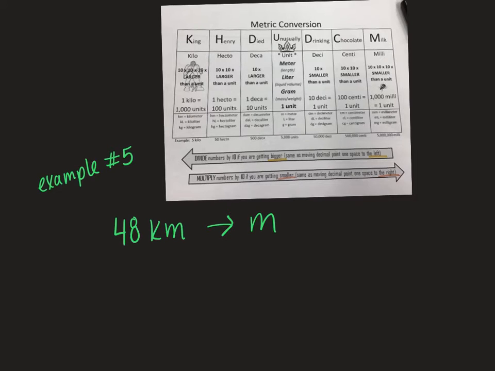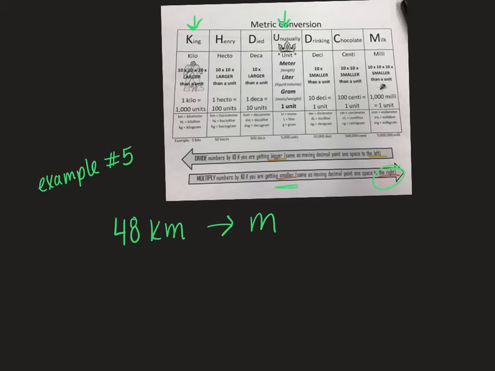All right, so example 5 in your notes is how many meters are there in 48 kilometers. So we're going from 48 kilometers to meters. Since we're going from a larger unit to a smaller one, we're going to move our decimal point to the right. We're going back to our base unit, which would be the meter.